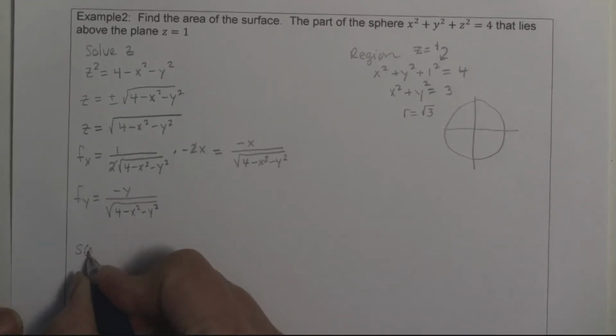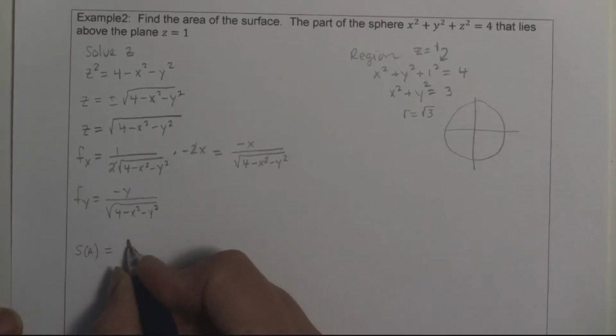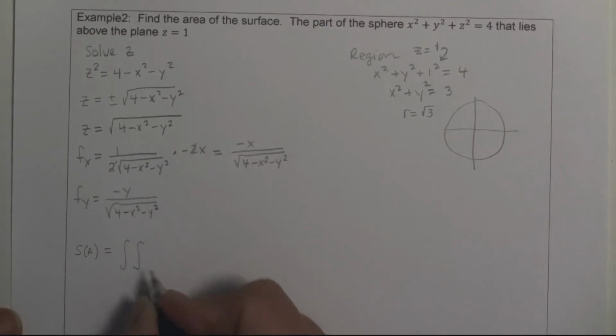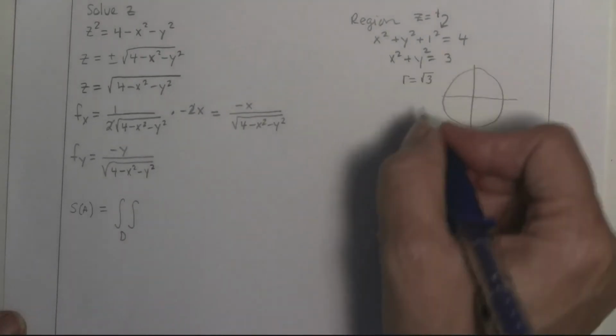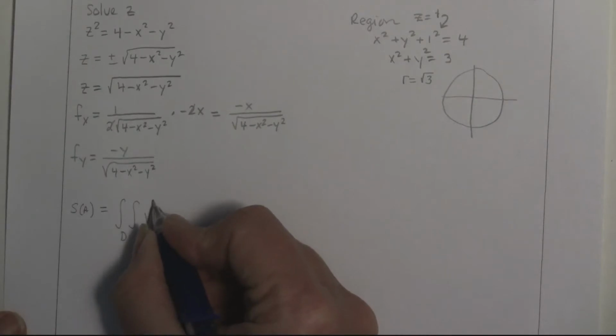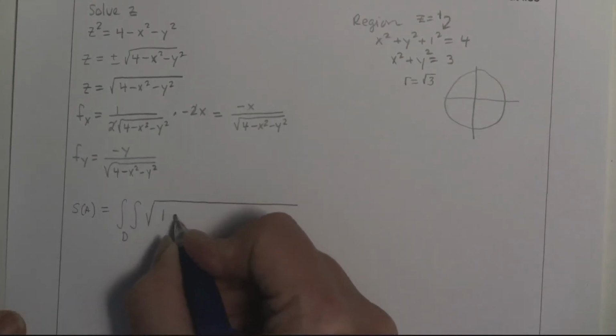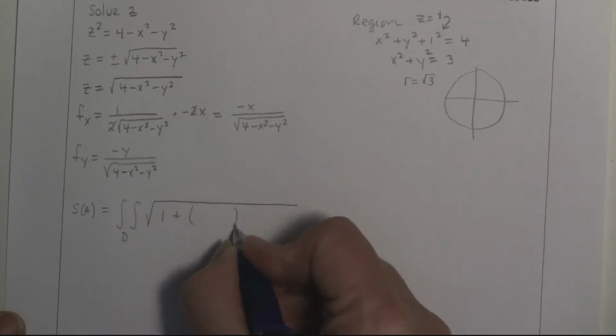So this is SA, and this is going to be the double integral, and this is over D, they would say, over the domain. And I'll work on that in just a second. But this is going to be the square root of 1 plus, and then this one, that squared.